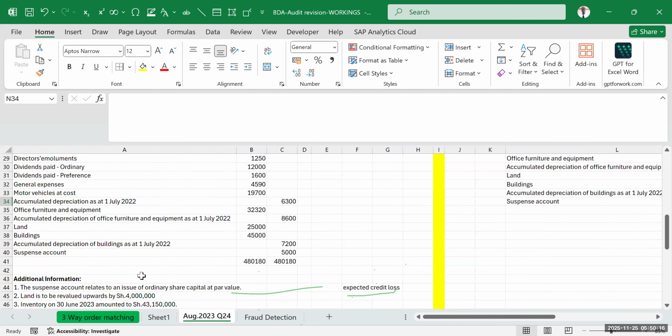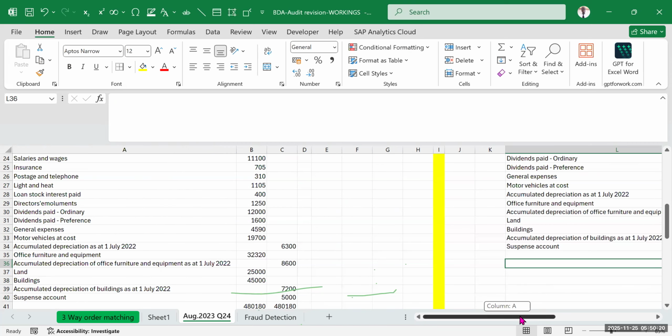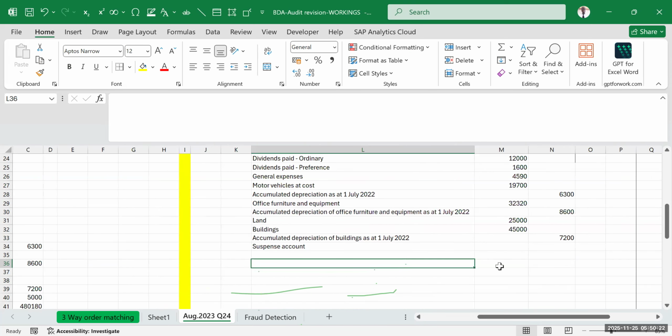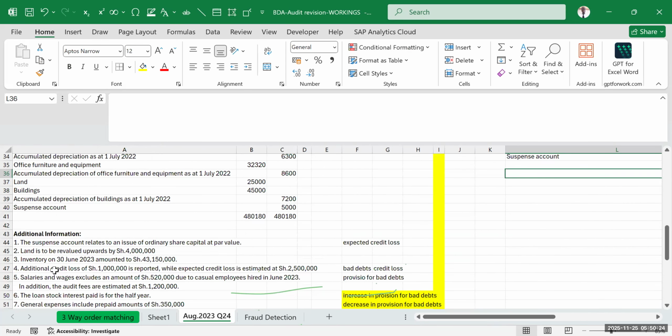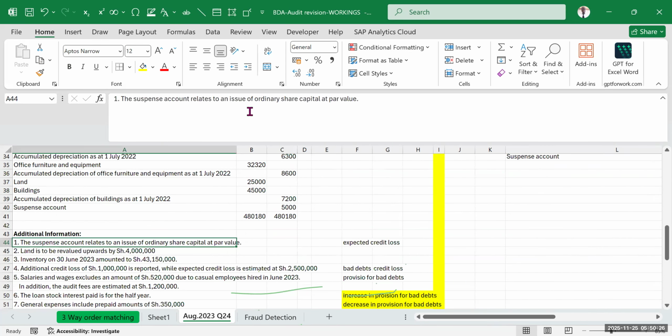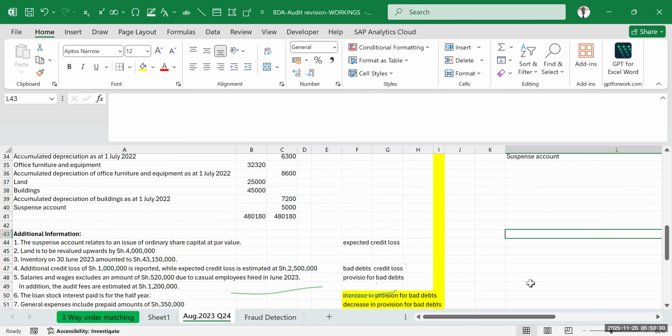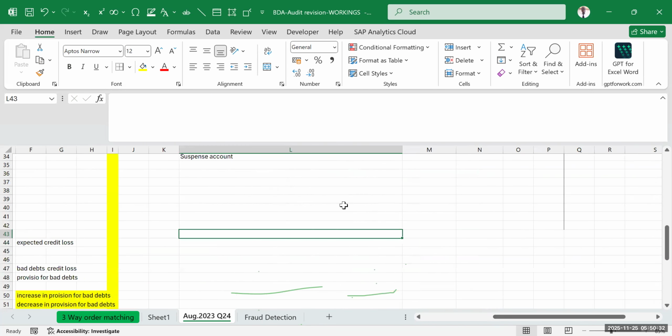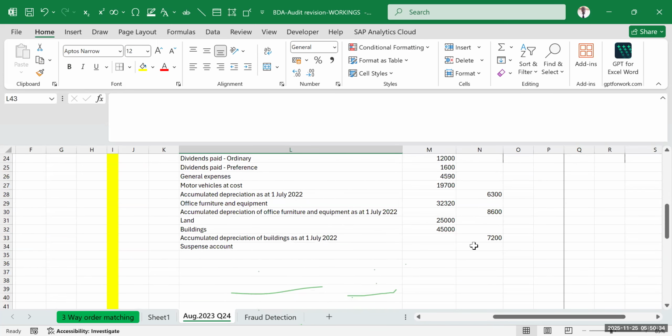Then the suspense account you've been given here has been credited. Remember, we were told in note 1 that this suspense account is a result of the issue of ordinary shares. That will affect the ordinary share capital account. Those equity elements, we normally credit. So that's why they even credited that suspense account.